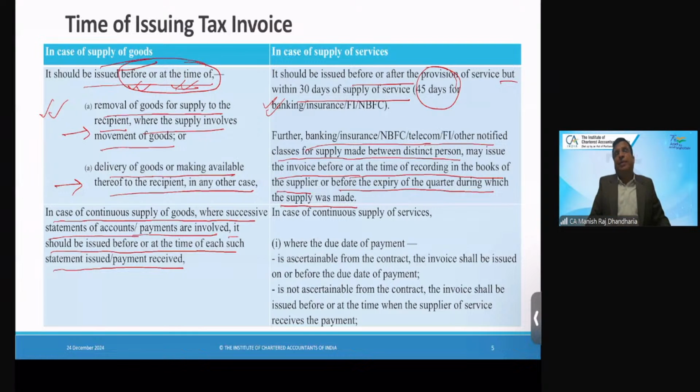Like you can take the example in case of software only. In software, if a class is sold, then it is the responsibility of the software provider that he'll make all the technical solutions whatever the student is asking. So in that case, once everything is done, at that time the invoice can be raised. So it will depend on the event on the basis of which payment will be received.